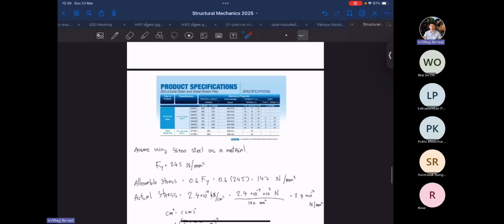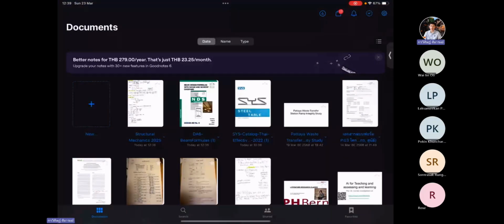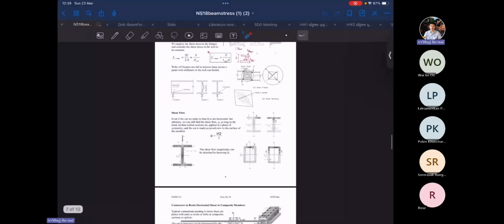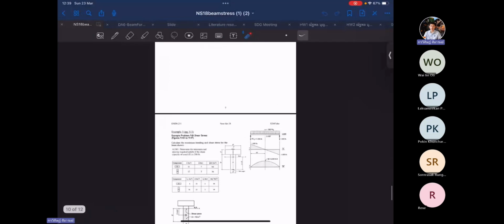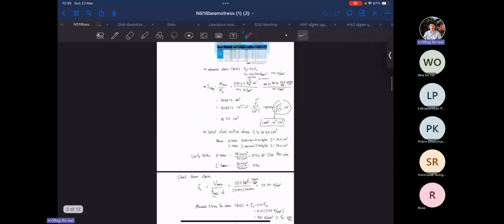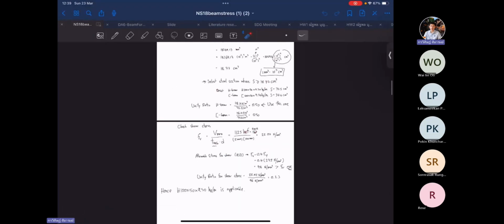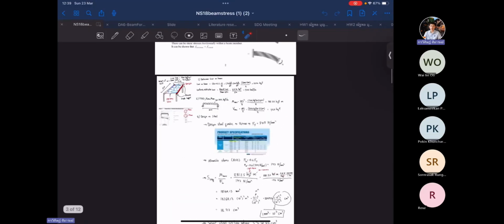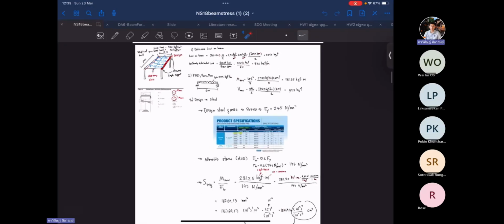Okay, like this. And for detail, you can check in our class material. I already explained how to calculate and how to compare, how to design. Okay, concretely in this calculation, you can have a quick look here.